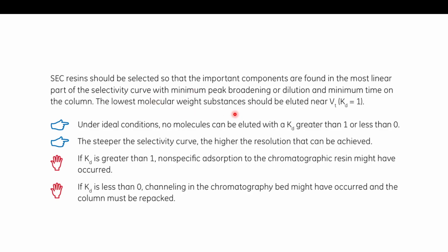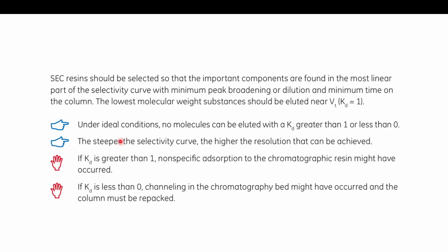The lowest molecular weight substances should be eluted near one column volume of buffer. Like in desalting, the salts usually elute near this particular volume.